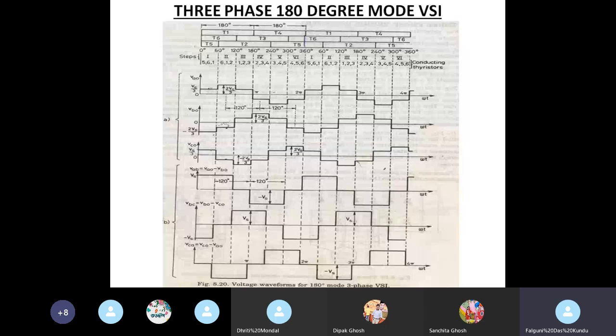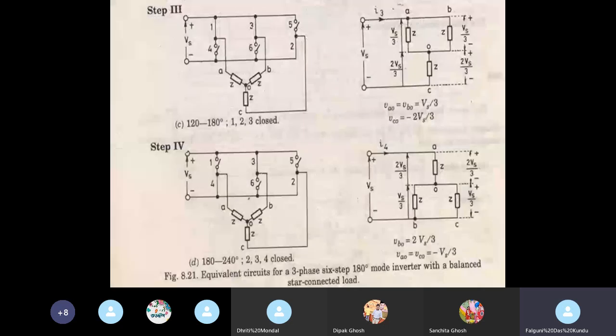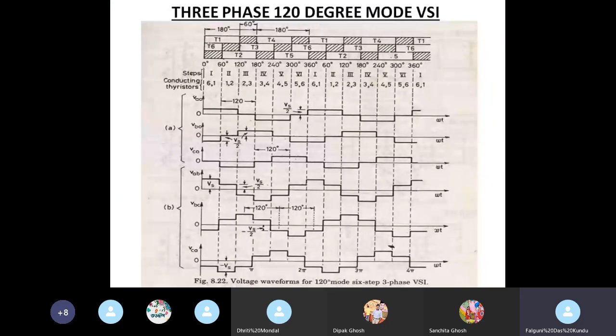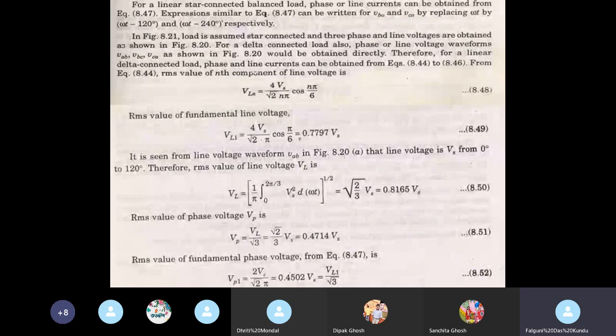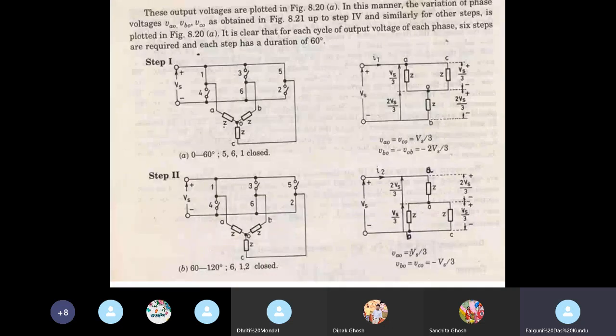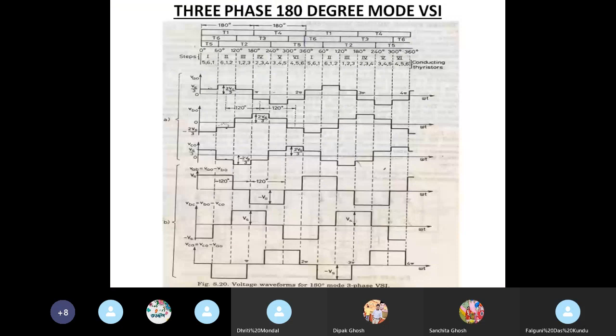Now we are going to discuss two topics in your syllabus. One is the three-phase 180-degree mode VSI and another is the three-phase 120-degree mode VSI. The first one is the main concept related to the above discussion.